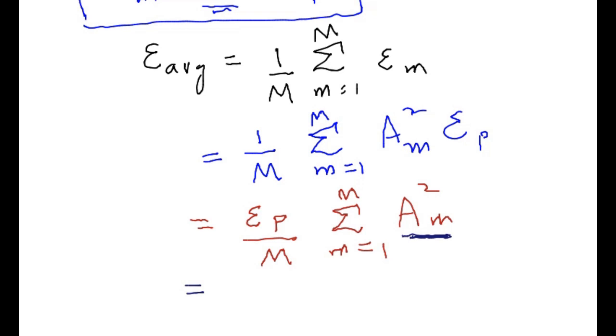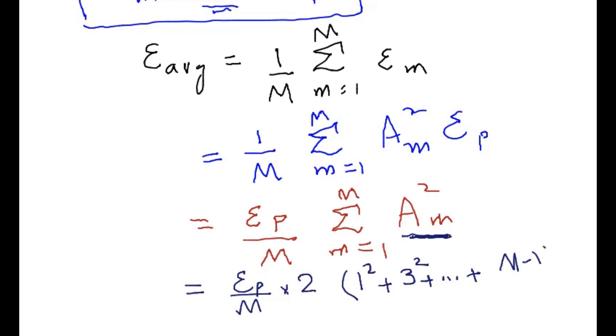Instead of writing plus minus 1, we can just say that E_p over M, 2 times, A_m square, right? 1 square plus 3 square and so on, and the last is M minus 1 square.